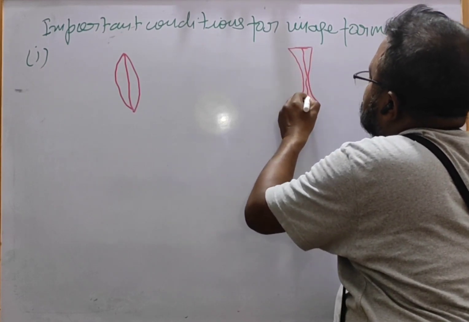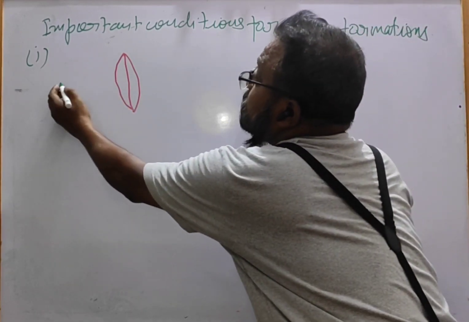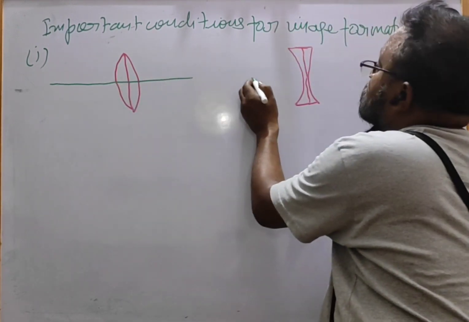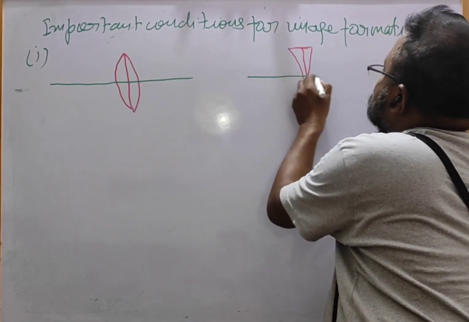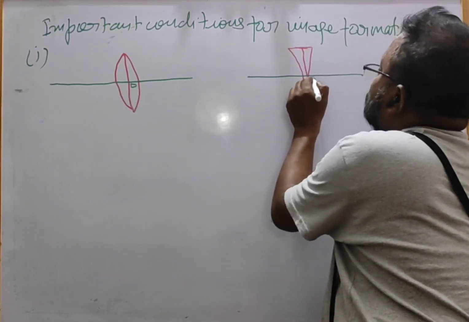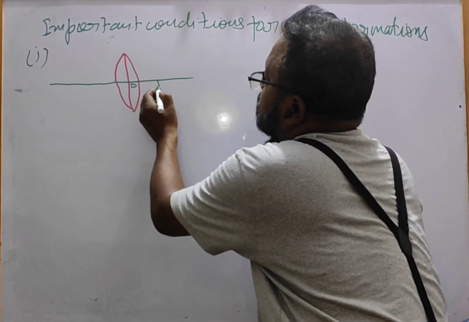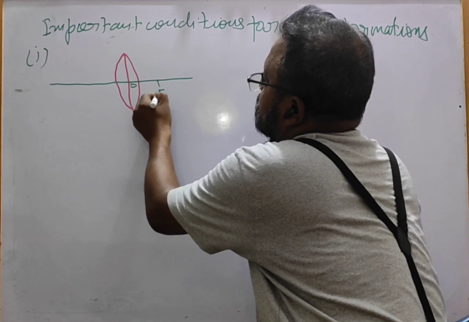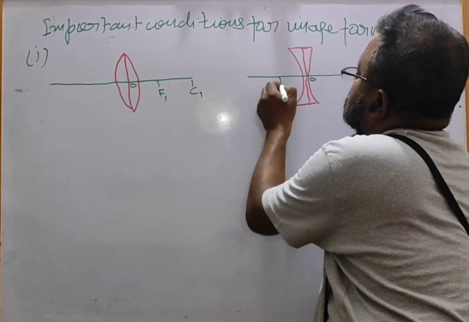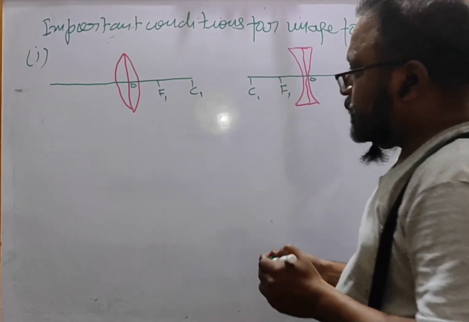And this is the principal axis. Fine. This is optical center O. Right. This is F1. This is C1.